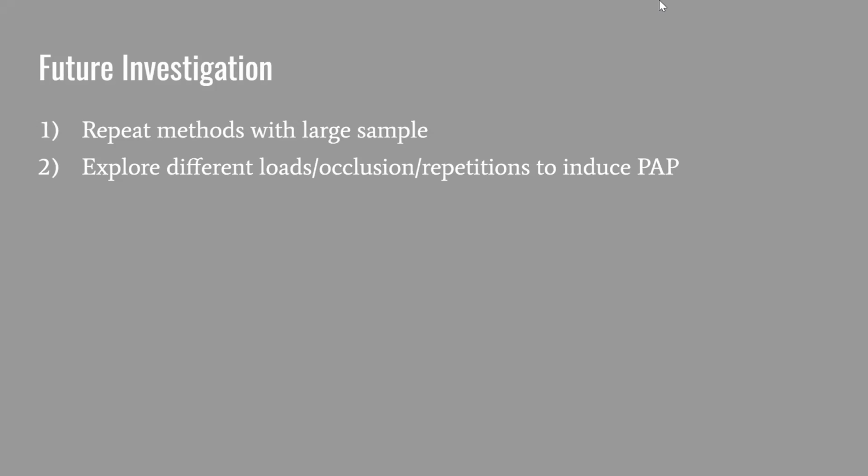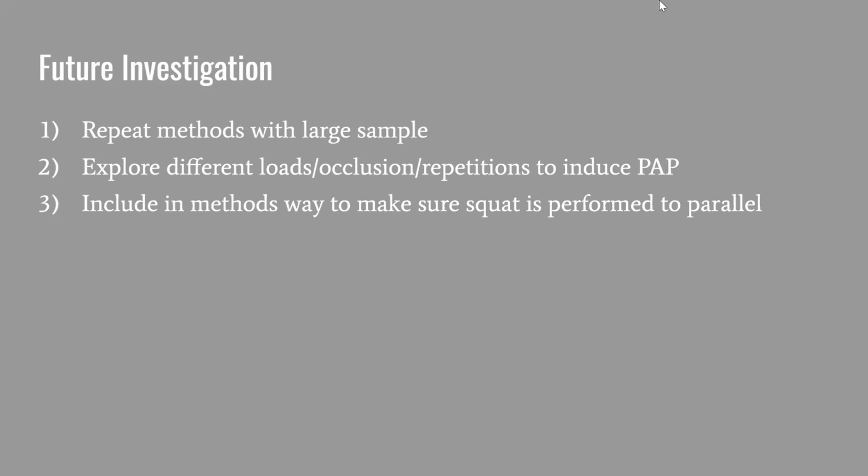We also need to explore different loads, occlusion, and repetitions to induce PAP, since we only used 85% of 1RM for the traditional resistance training and just 20% of 1RM for BFR with occlusion of 80%. So we need to see different loads, occlusion, and repetitions, and see if there are any differences in our results.